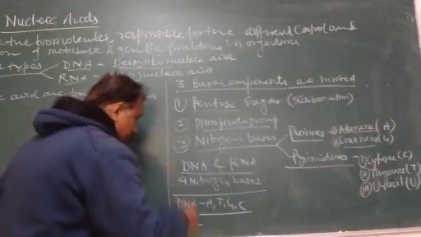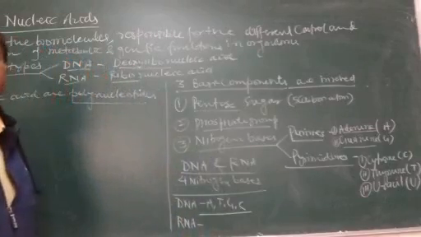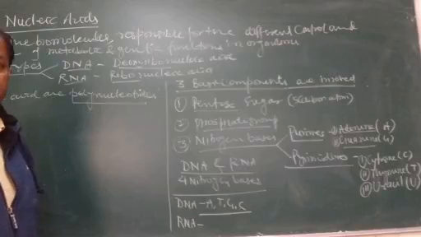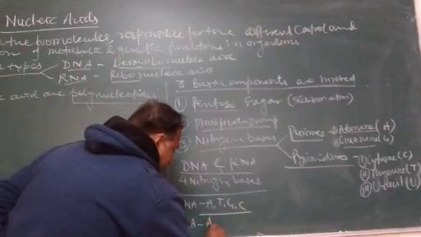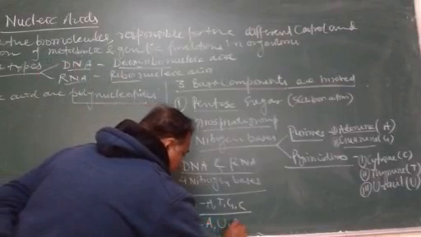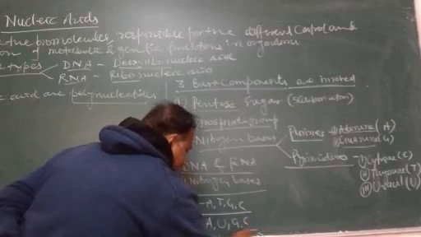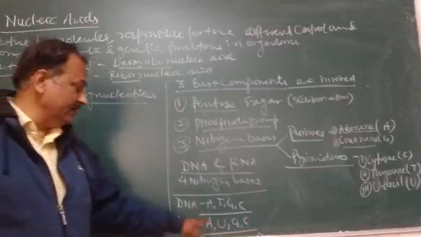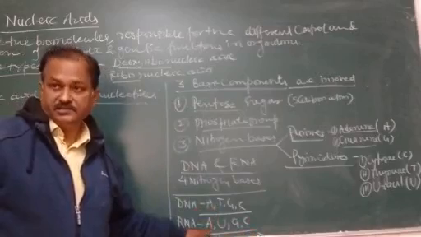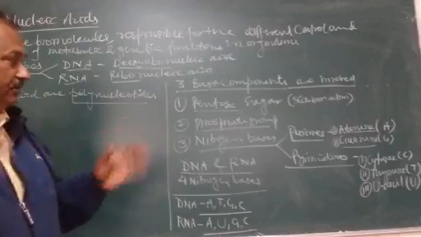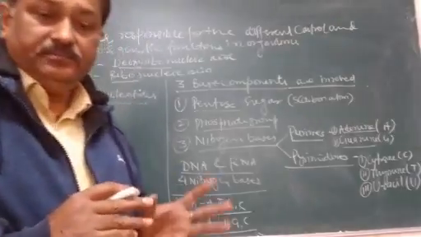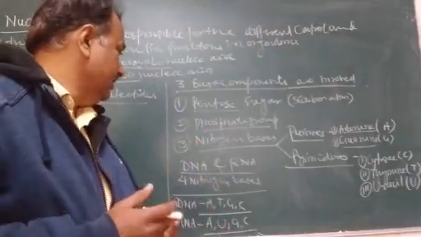RNA has uracil in place of thymine. So adenine, uracil, guanine and cytosine. So in RNA, thymine is replaced by uracil. So this is the basic composition of how the nucleic acids are made.